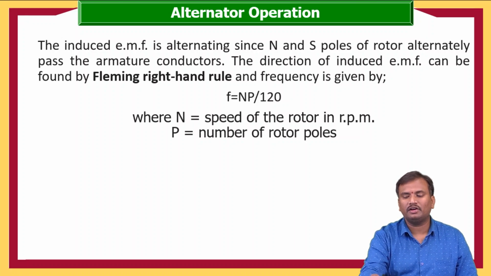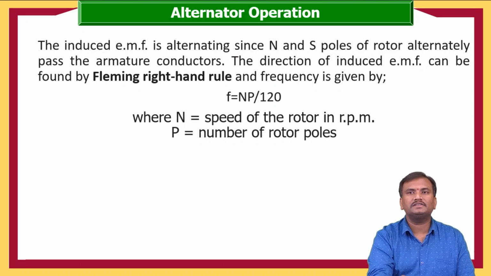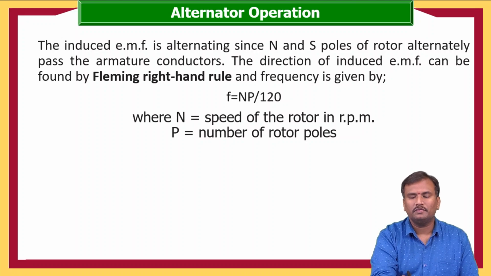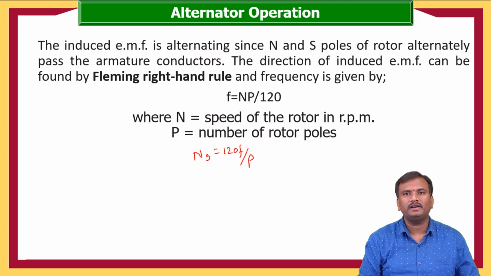So the direction of induced EMF can be found by Fleming's right hand rule, and the frequency is given by f = Np/60, where N is the speed of the rotor in RPM, whatever the mechanical speed we are going to give, and P is the number of poles. From this we can write the synchronous speed equation, which is equal to 120f/P. This is the synchronous speed equation.